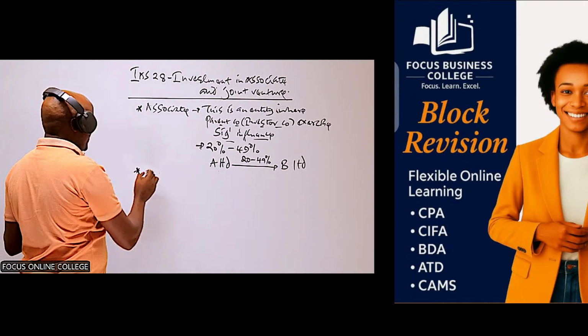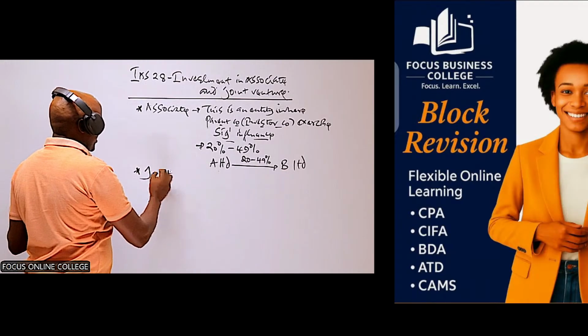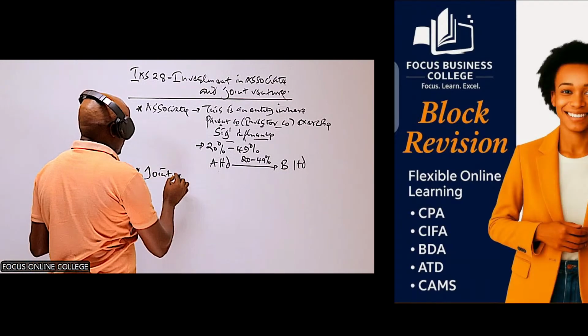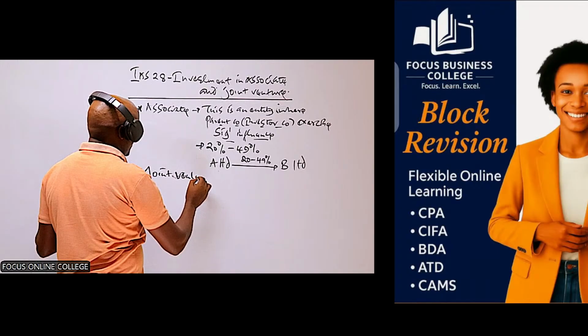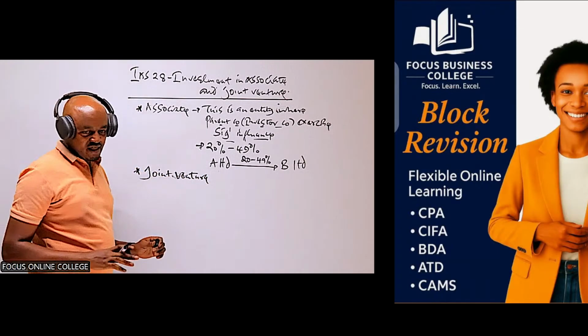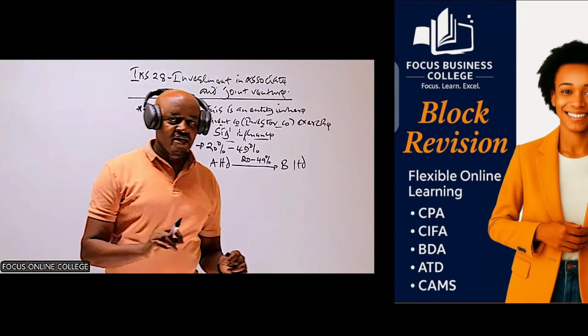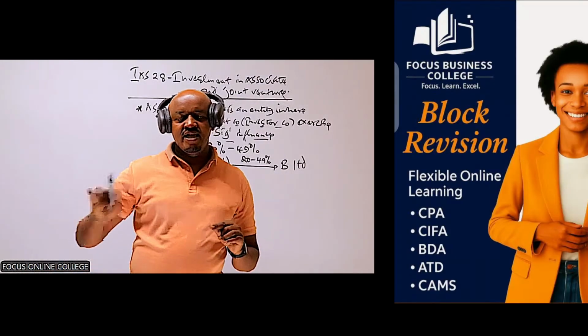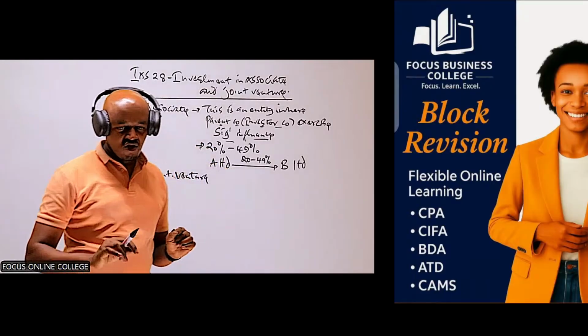And then from there we have the other entities here, and basically that is a joint venture. So when we talk about a joint venture, this is an entity in which the parent company and another entity acquire something called a joint control.